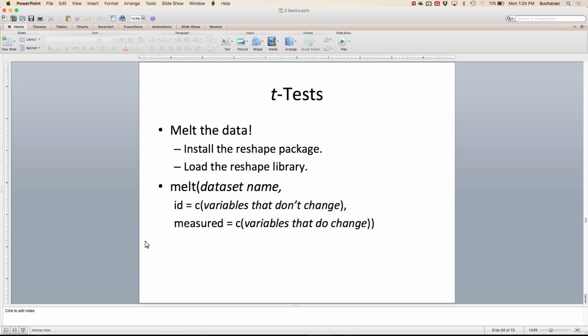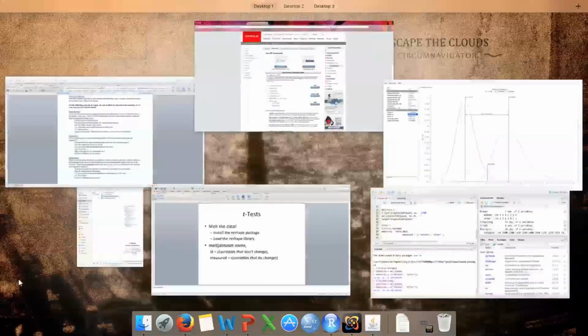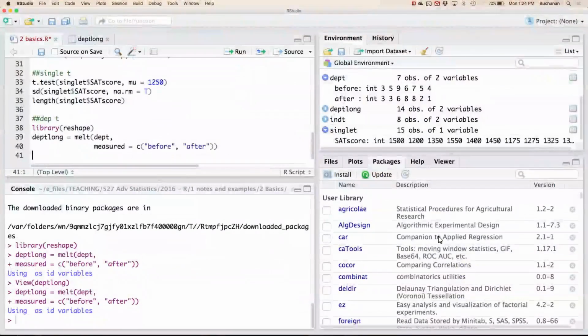Yeah? Yeah, so after, can you go back to that script? Yeah. So after you type melt, and then that comma, what do you do? Just hit enter, that's all I did. No, after I hit the comma, it auto spaced it over for me. Because it knew I wasn't done.